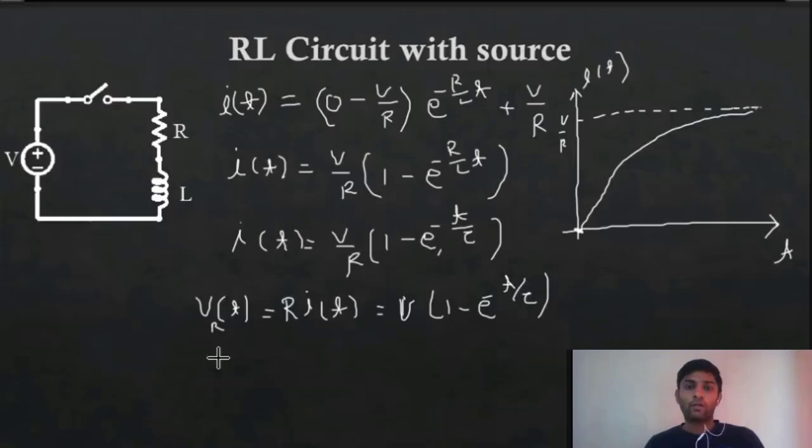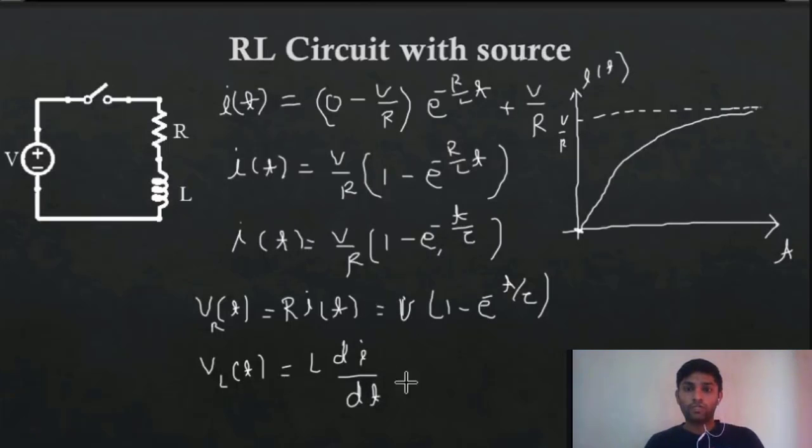Now if you want to find the voltage across the inductor, VL(t), it is given by L dI by dt, so you just need to take the differentiation of this equation.